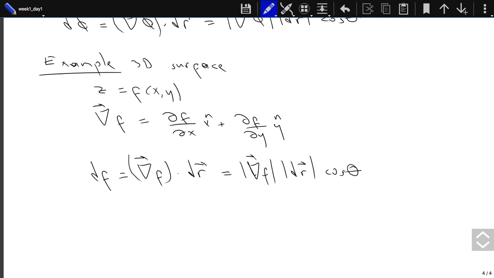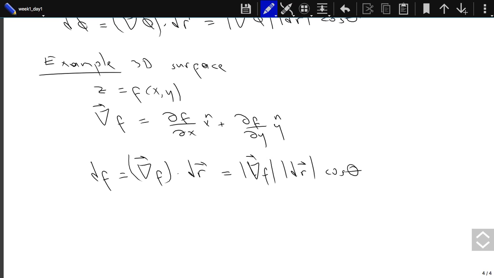Let's go in that direction. I'm going uphill. If I'm going uphill, I know that df is positive. I'm keeping the magnitudes constant, not changing them at all. It just tells me that cosine is positive, which means theta is somewhere between 0 and 90 degrees.